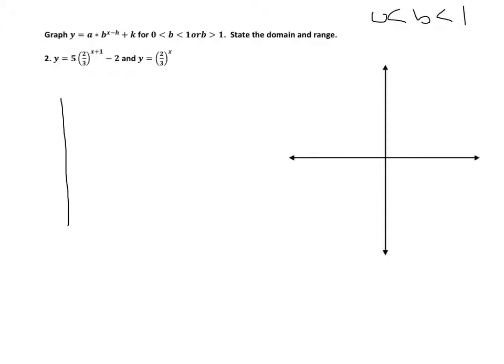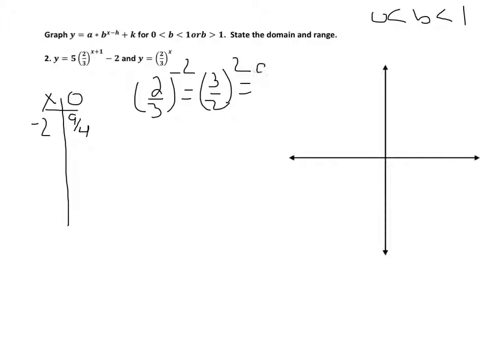So if we do the 2/3 to the x first, if I plug in negative 2, you would get 9/4, because 2/3 to the negative 2 means 3/2 squared, which is 9/4. Plug in 0, you get 1. Plug in 2, you get 4/9.